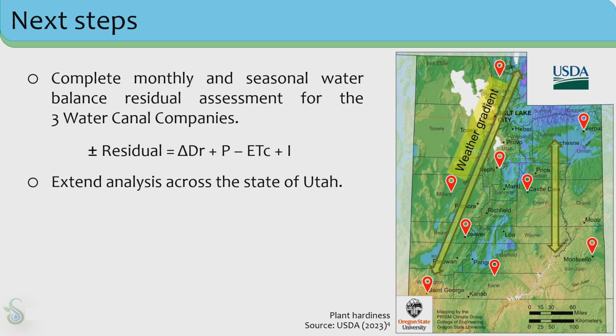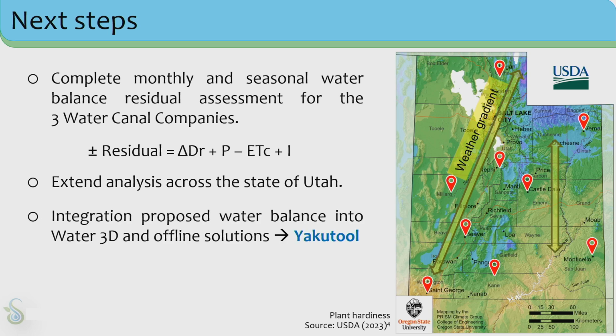And we want to extend this similar model across the state of Utah because we have a climate gradient, and that means the changes in weather conditions are going to affect the magnitude of the water conservation opportunities across the state. Additionally, we want to include these calculations in a more software-friendly tool that we call the JACU tool, which is based on GIS software, ArcGIS Pro.